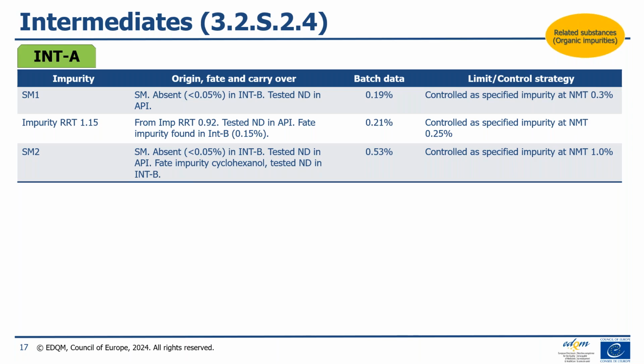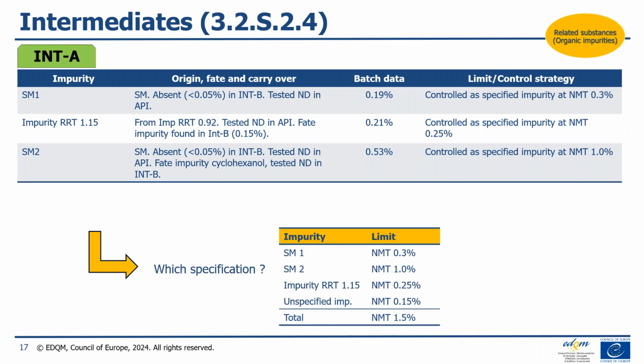It has a fate impurity in intermediate B at 0.15%. So a control at 0.25% is acceptable also. Starting material 2 is present in intermediate A at 0.53%. It is eliminated in the next intermediate B and not detected in API. A control at 1% is considered acceptable, which will lead to the specification below.